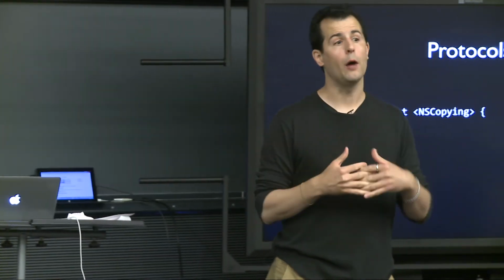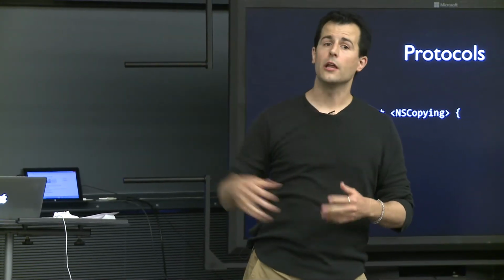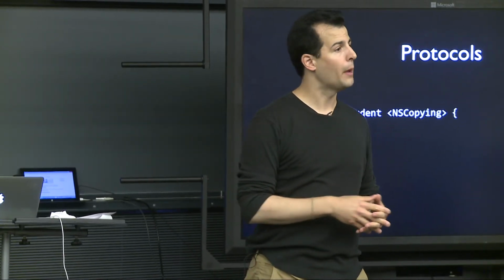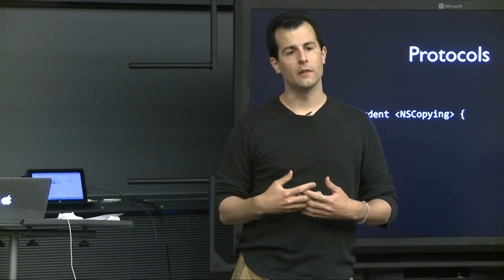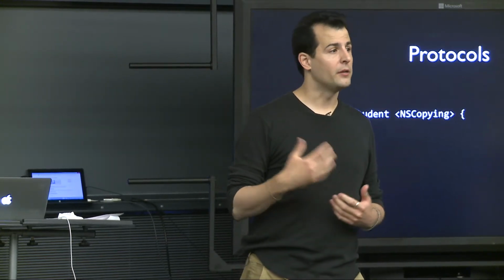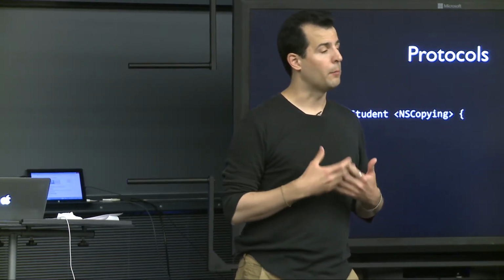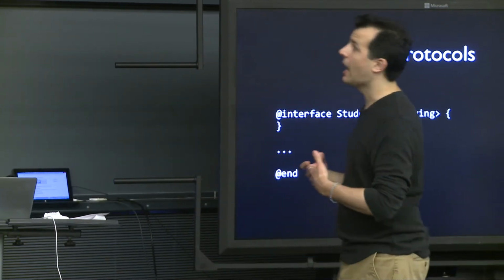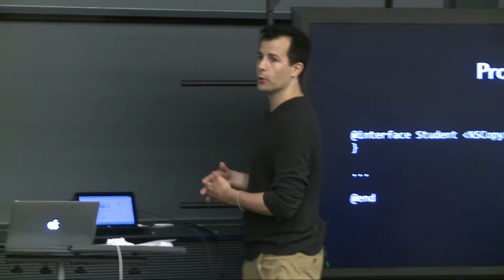It is a set of methods that you, a class, promise to implement if you declare yourself as adhering to that protocol. And there are ways of specifying that the methods are optional, but by default, they would typically be required. And the compiler will yell at you if you say, I'm implementing the NSCopying protocol, but you, the programmer, forget to actually get around to implementing the required methods to make that possible.